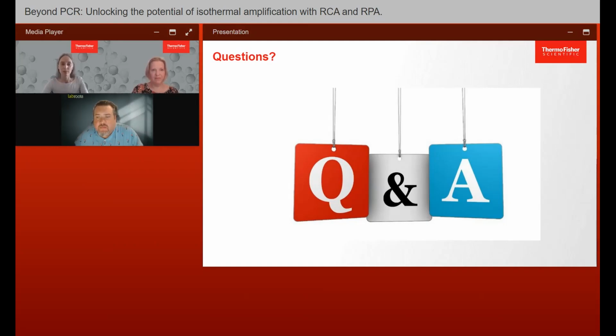And these padlock probes consist of three main parts: the 5' end, the middle region, which is often called a spacer, and the 3' end. So these 5' and 3' ends are specific to the target, and they are designed to be complementary to adjacent sequences on the target nucleic acid.